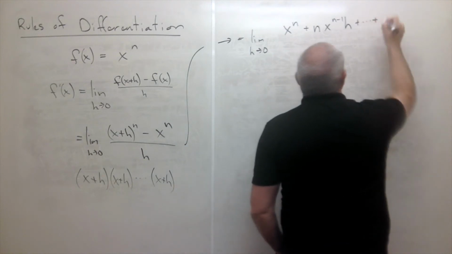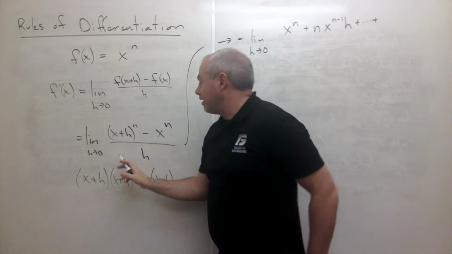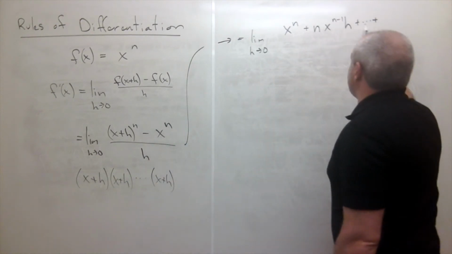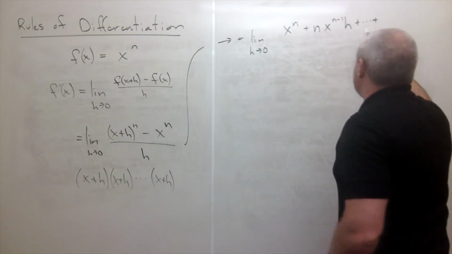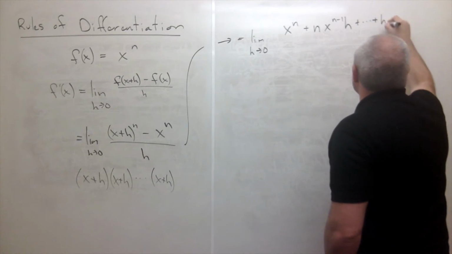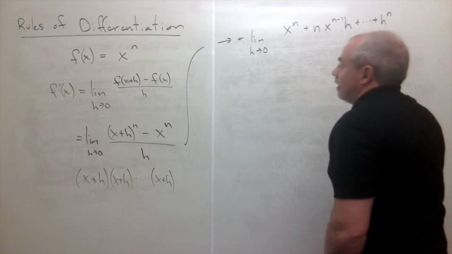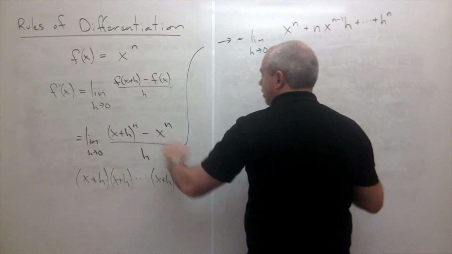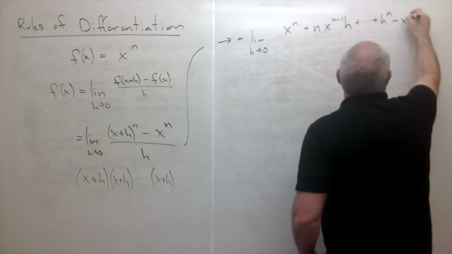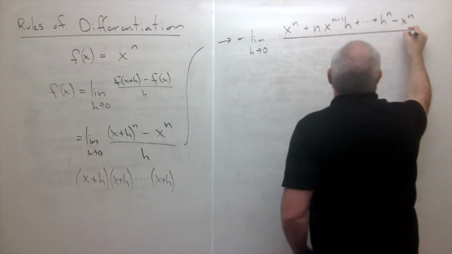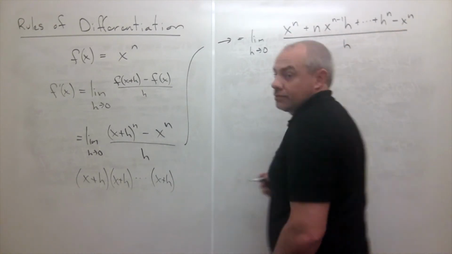The next term would have an x to the n minus 2 times h squared, and so on, and the very last thing I would get is h to the nth power. And then finally, I still have this term at the end, minus x to the n, all over h.